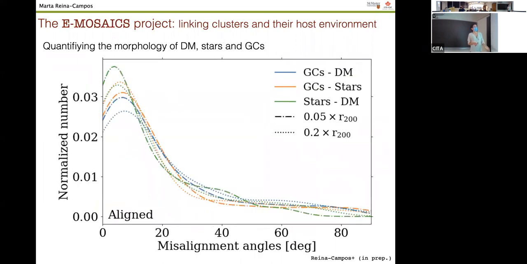The other quantity that we can look at is whether the spatial distributions are aligned or misaligned. What we're seeing overall is that the two distributions that seem to be more aligned with one another are stars and dark matter. Globular clusters seem to show the same level of alignment with both dark matter and stars.